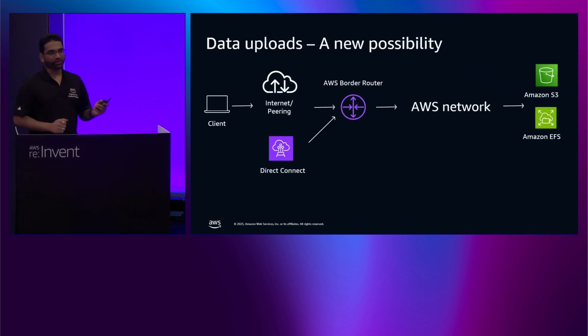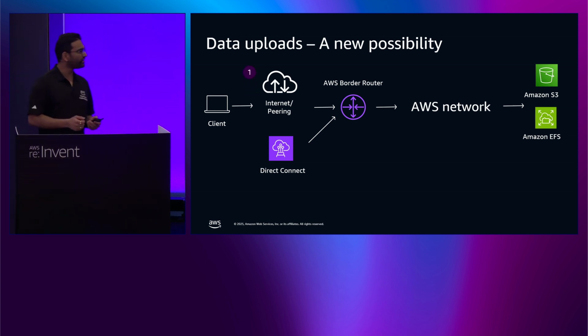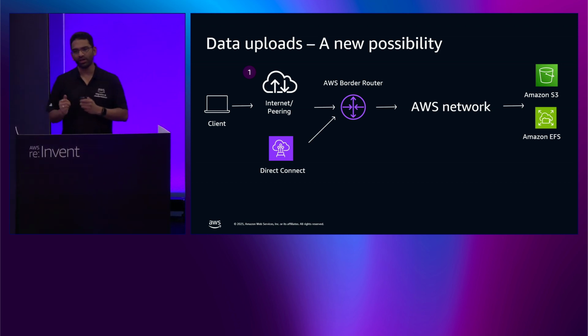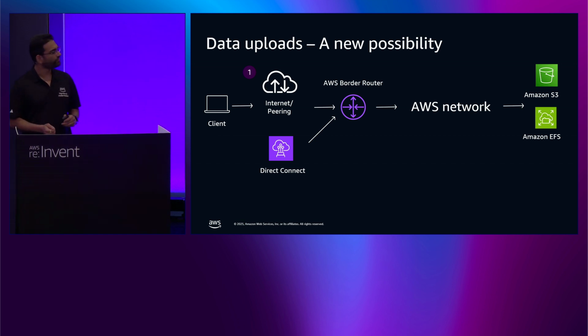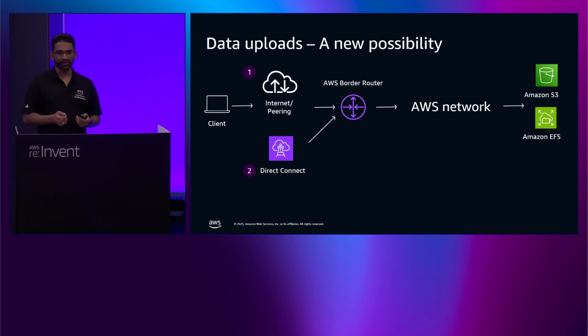Prior to Data Transfer Terminal, customers were transferring the data using internet or any sort of general connectivity, right? There are some obvious challenges here in terms of the intermediate hops or the limited bandwidth or throughput or potential bottlenecks, which are not suitable for high volume transfers. In the second instance, customers have access to Direct Connect, which provides consistent and guaranteed throughput.